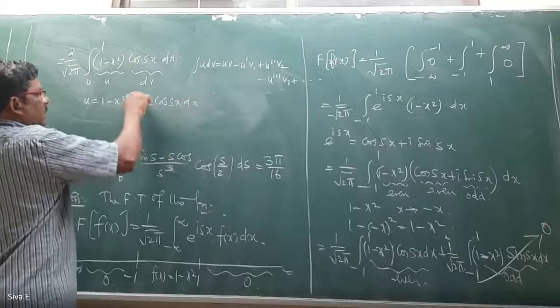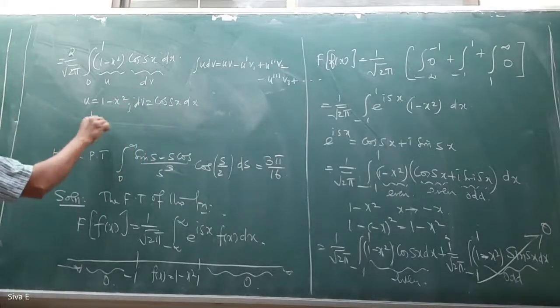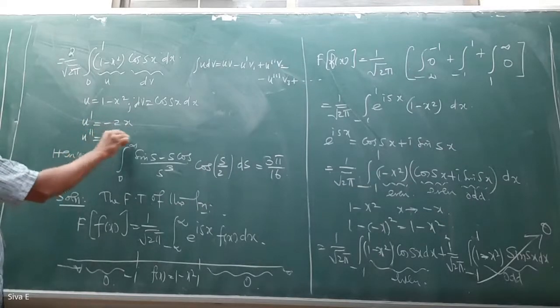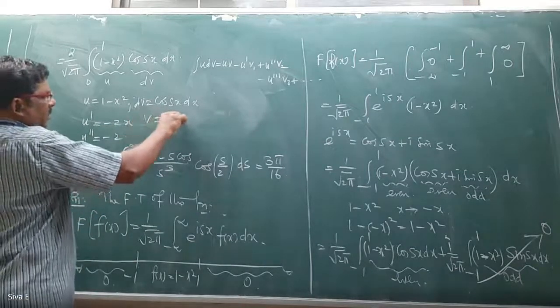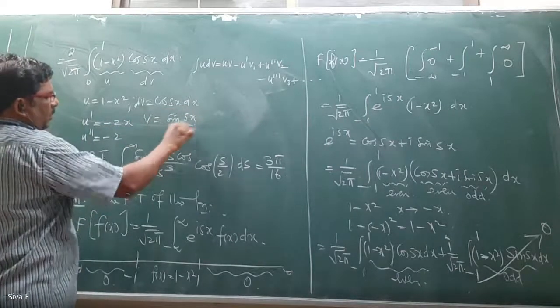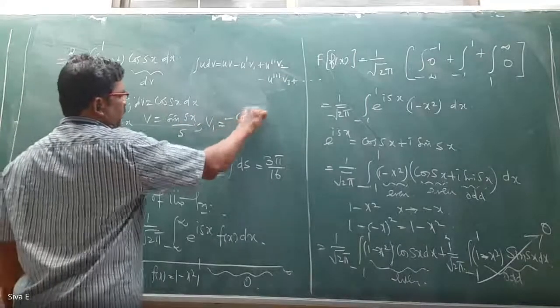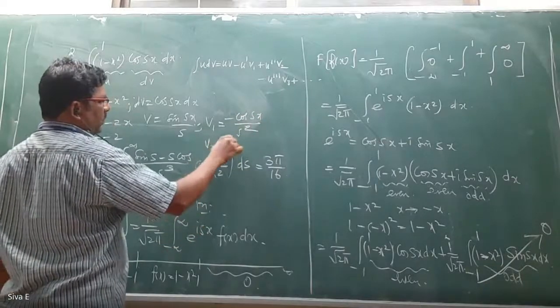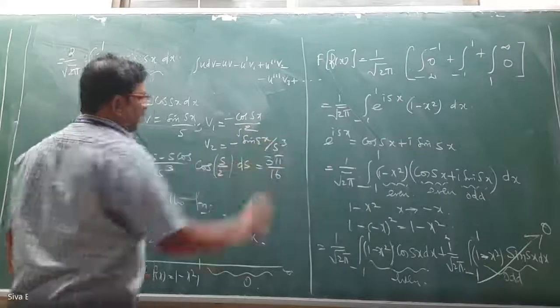So u dash is minus 2x, u double dash is minus 2, v is sin sx by s, v1 is minus cos sx by s square, v2 is minus sin sx by s cube.